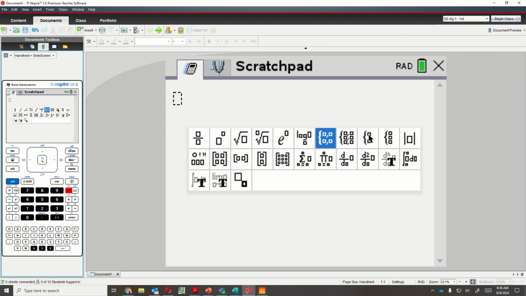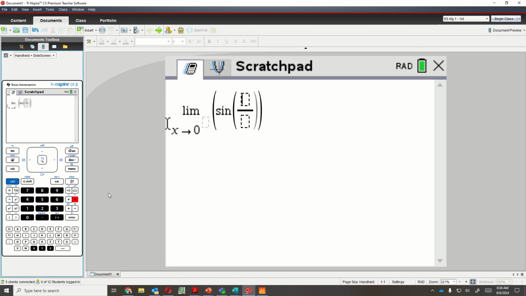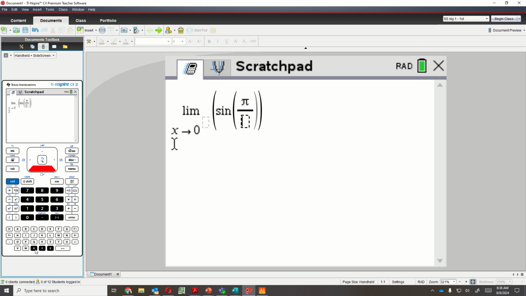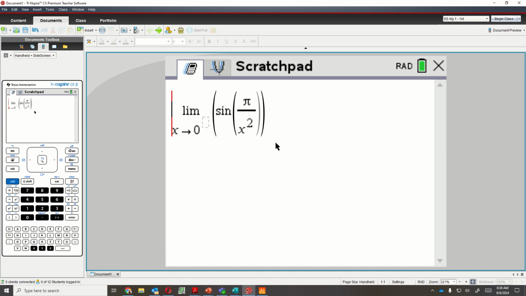And I'm taking the limit as x approaches 0 of sine of pi over x squared. Dang it, yep. Yours might be able to do it.